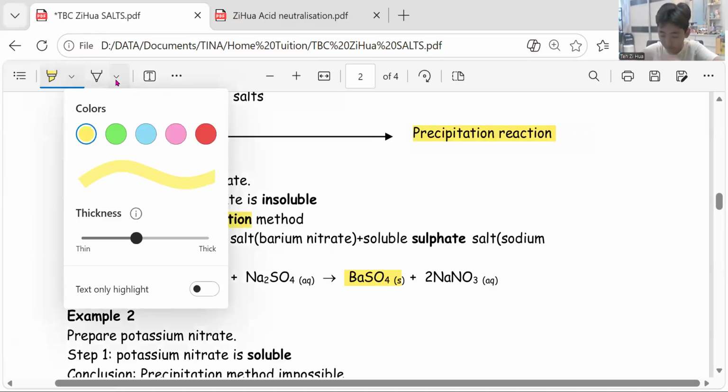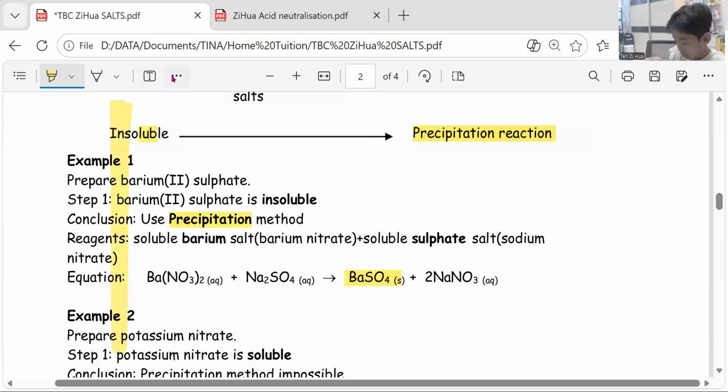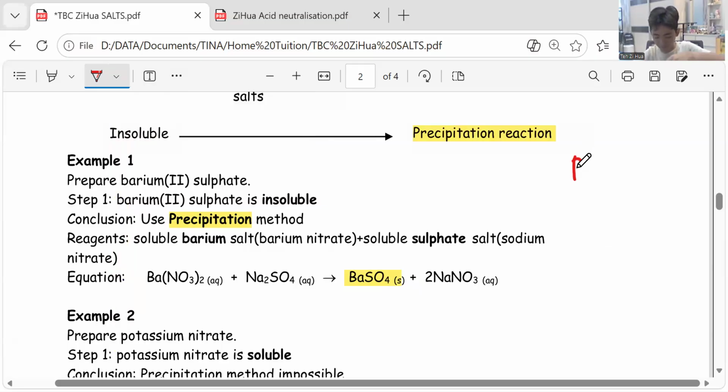Precipitation is like this. You take a soluble salt. For example, I want to make barium sulfate, and I know it is insoluble. So what I need to do is find a soluble barium plus a soluble sulfate.